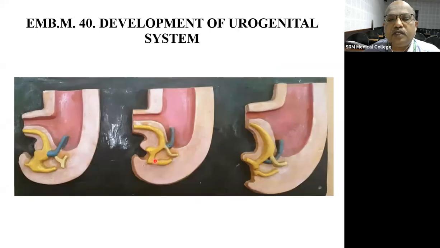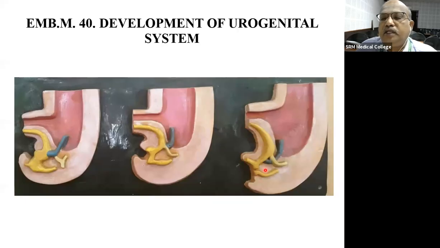So this is our primitive rectum. Here the septum has been completely formed. Now this is the ventral part giving rise to the urinary bladder. This is the allantoic diverticulum. This is the dorsal or posterior part giving rise to the rectum and anal canal. So now this is that urorectal septum, the complete formation of the urorectal septum.